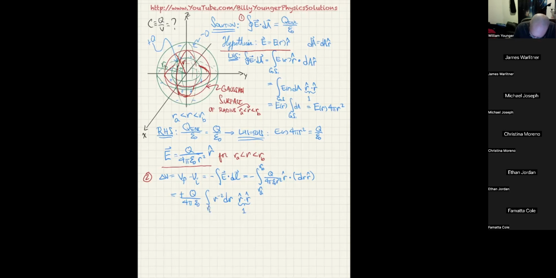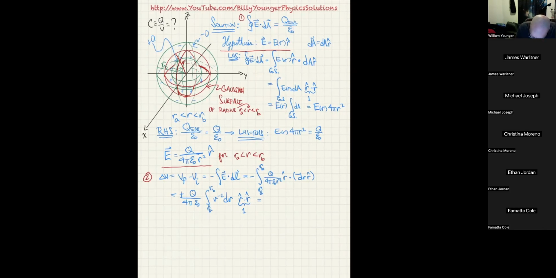So this is from RA to RB, and remember RB is actually the bigger number numerically. So the integral of r to the -2 turns out to be 1 divided by -1 times r to the -1.